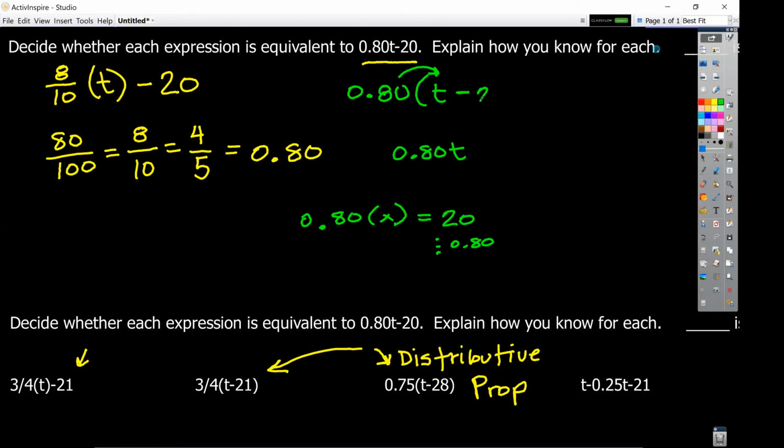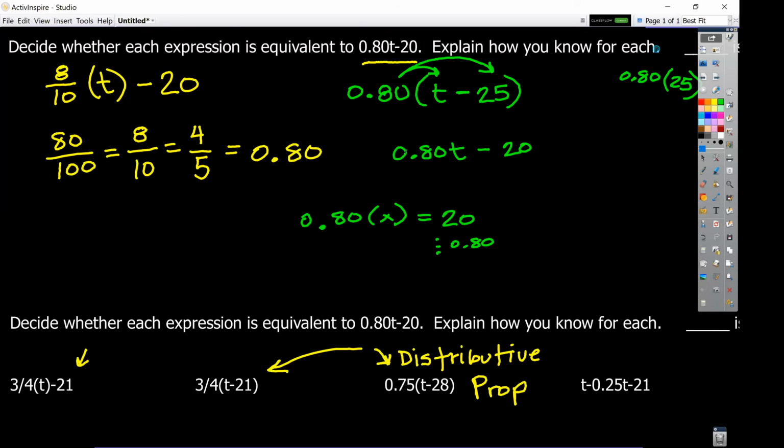So 80% of 25 equals 20. So when you distribute the 0.80, you would have to work out 0.80 times 25, and that equals 20.